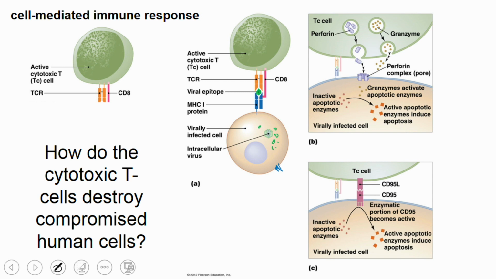What I'm drawing now are other MHC1 proteins, and inside each one of those is a particular epitope from that virus. Some of them will be the same, but some will be very different from each other, and they came from inside there. So that's what we're looking at for all of these.